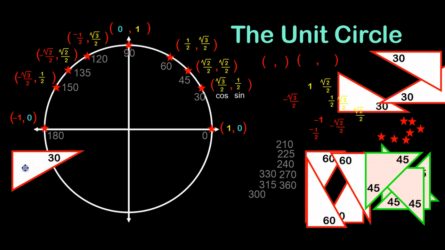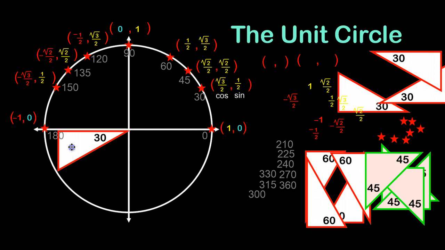Okay, in quadrant 3, we're going to look at the same type of situation. 30 degrees, but it's not back, it's past 180 degrees, the horizontal. So that would be 210. And so 210 degrees is going to have a cosine value of what? So how far to the left did we go? Well, that's the long one.